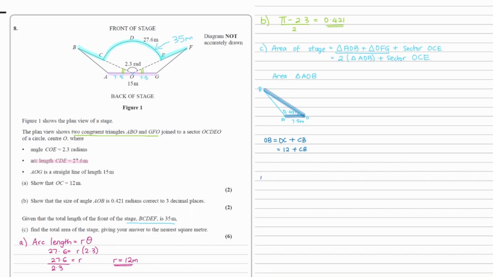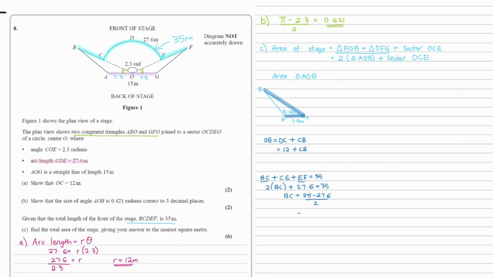The front of the stage is made up of BC plus CE plus EF, and the total of these should equal 35. We know that BC is going to be exactly the same as EF, so we can write this as 2 times BC. We know that the length of CE is 27.6, which is the arc length, and this should be equal to 35. In order to find BC, we are therefore going to do 35, take away the 27.6, and then divide this by 2.